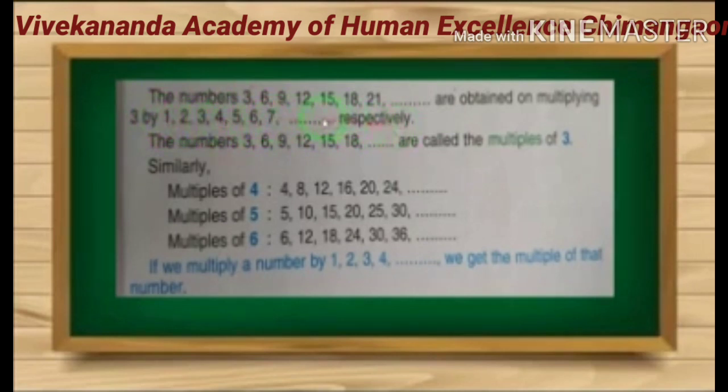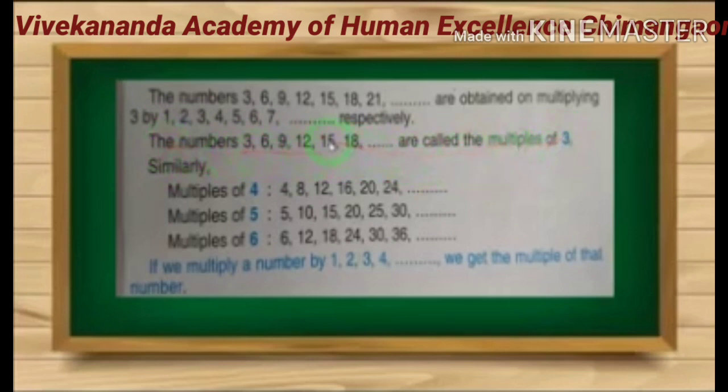It means when we multiply 3 by 1, 2, 3, 4, 5 and 6 continuously, we get the answers 3, 6, 9, 12, 15, 18 and 21 and so on. 3 ones are 3, 3 twos are 6. In this sequence, if we multiply, we get the numbers 3, 6, 9, 12, 15 and 18.